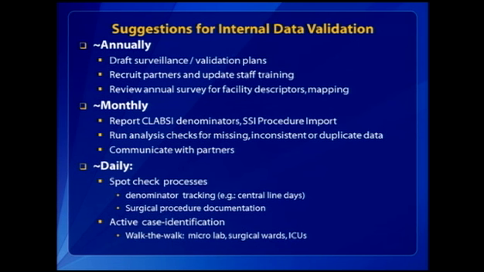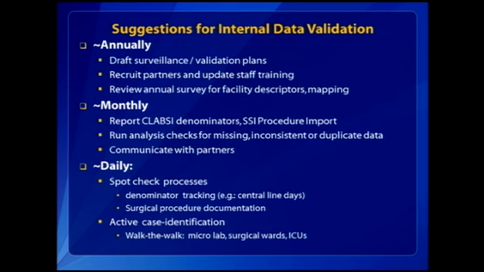Daily internal validation activities could include spot checks for processes. So denominator tracking, central line days might be something you want to spot check. Just stop by a ward and see what they came up with and what does it look like to you. Do you think they're counting correctly? See how that ward or that ICU is doing on denominator tracking.